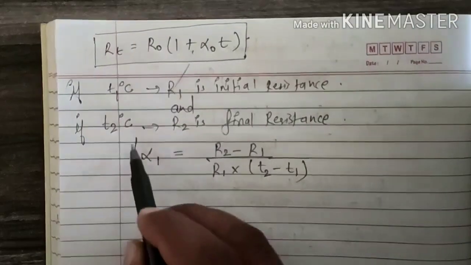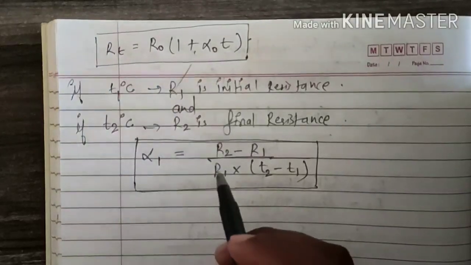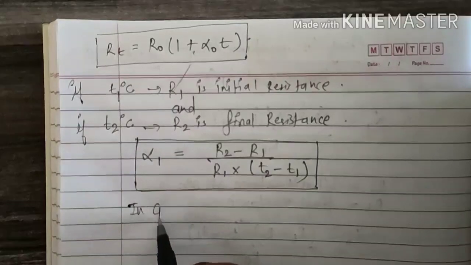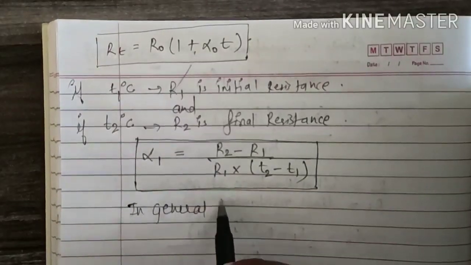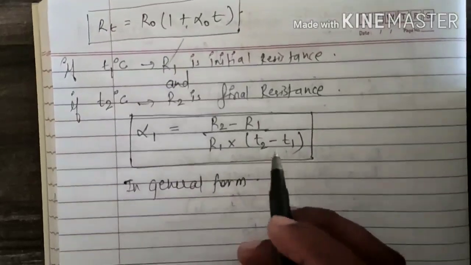So this is my formula for alpha 1. In general form, what can I write?